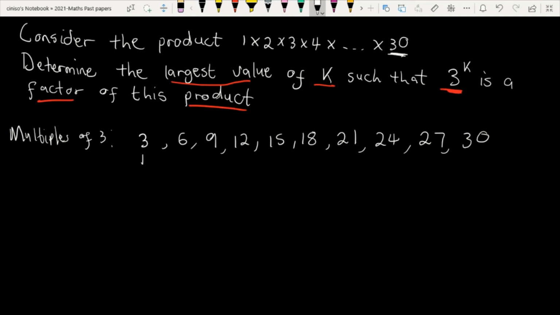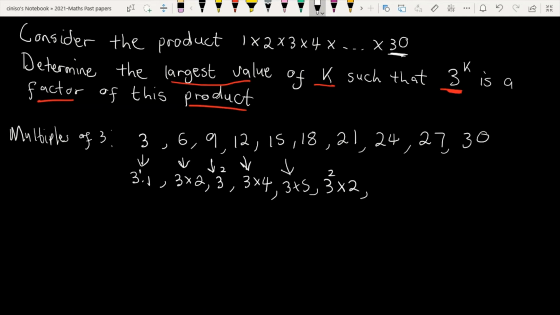If you break down this 3, it's just 3 multiplied by 1, so it's to the power of 1 here, and then 3 multiplied by 2, giving you 6. 3 to the power of 2 will give you 9, 3 times 4 gives you 12. 3 times 5 gives you 15. 3 to the power of 2 times 2 gives you 18. 3 times 7 gives you 21.